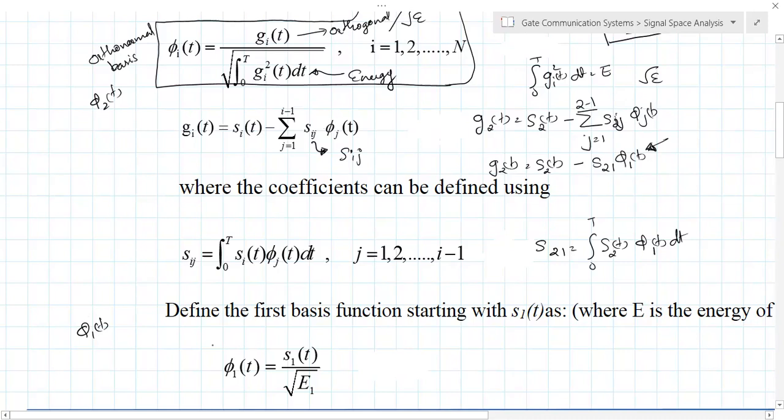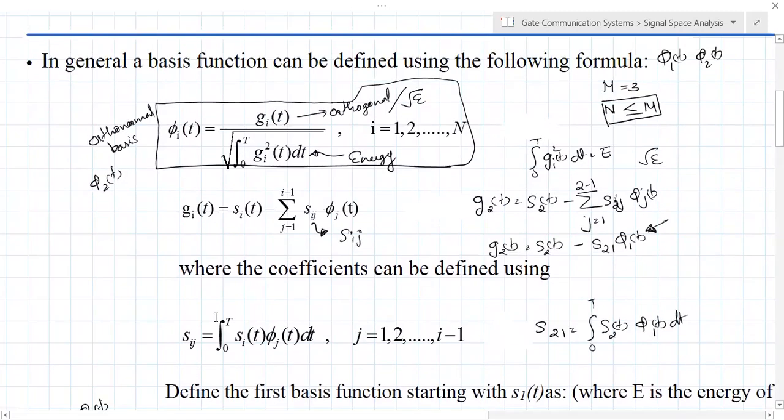So when i is equal to 1, it is a very simple formula. You take the first signal s1(t) as the reference and divide it by the root of its energy. E1 is the energy of the signal, the integral of s1(t) whole squared dt. So we will start from this particular point.